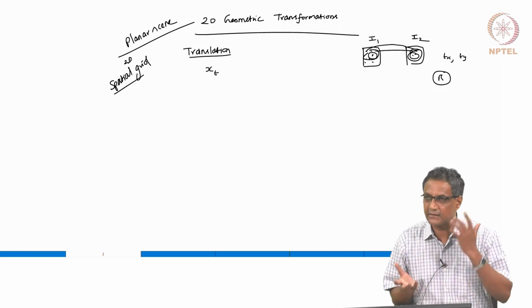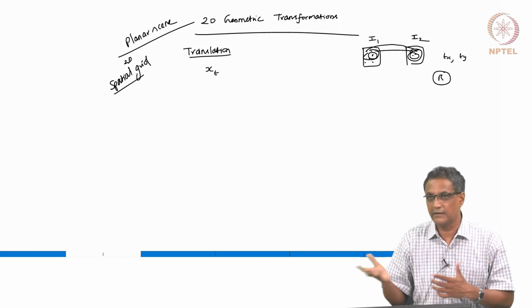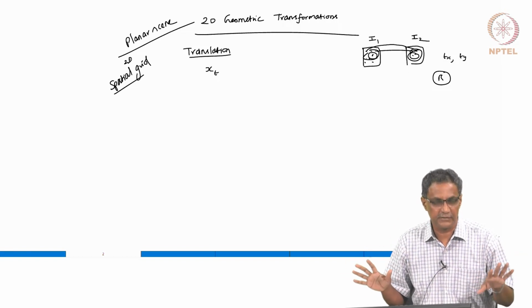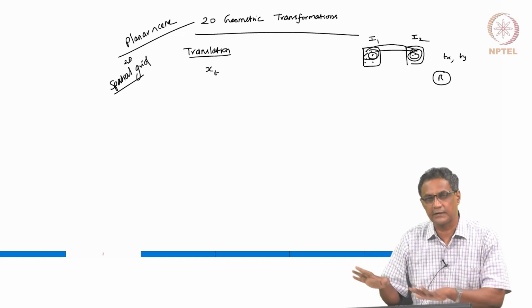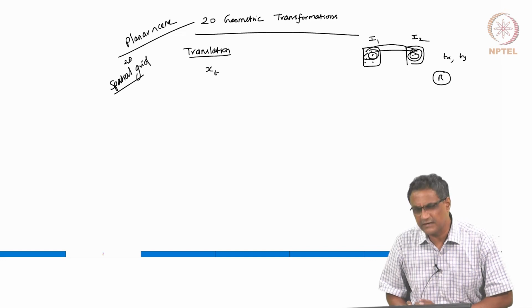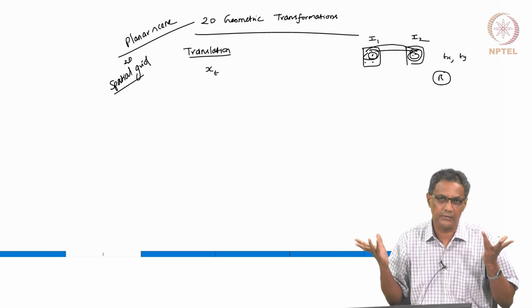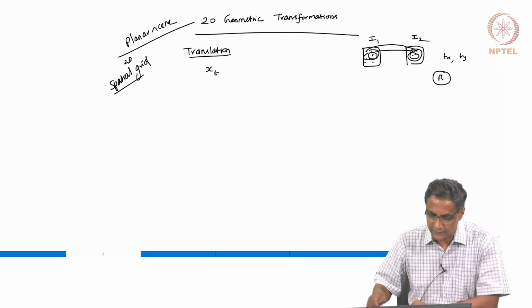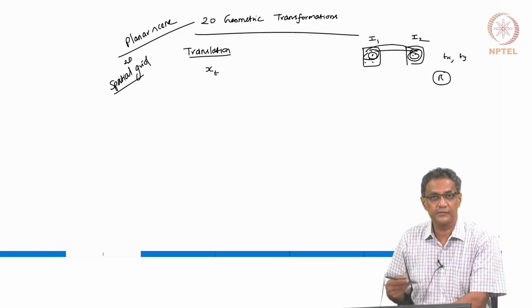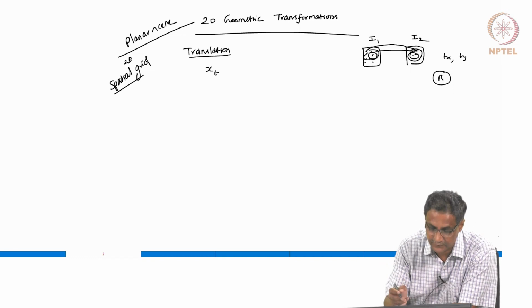We are not increasing or decreasing intensities. We are just having the same scene, and we are trying to see how this scene will look if I were to look at it from here, or from there. Strictly speaking, the physics of the scene should all come into play, but we are ignoring that. This is the simplest form, but the simplest form itself is enough for a lot of situations.